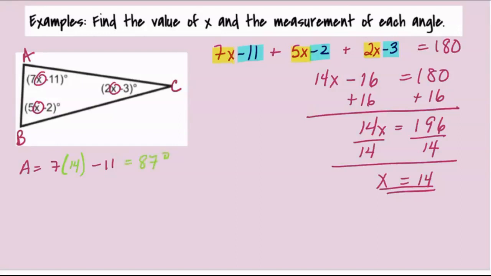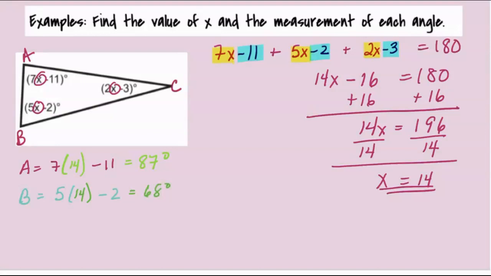Angle B is equal to 5x minus 2, and I will substitute in 14, and I have 5 times 14 minus 2, and that gives me 68 degrees.